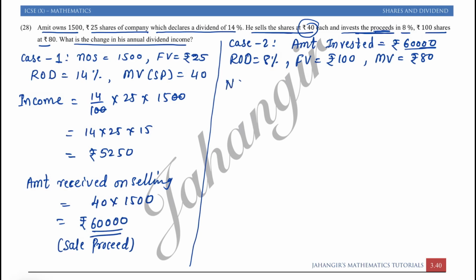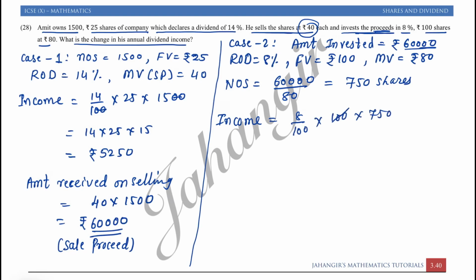So here first we will find number of shares, which is amount invested upon market value. So 60,000 upon 80 will give you 750 shares. Now in the second case I will find income. Income for the second case is ROD 8 upon 100 into face value into number of shares, 750. So 750 into 8 is rupees 6,000. In the first case my income was 5250, in the second case income became 6,000.